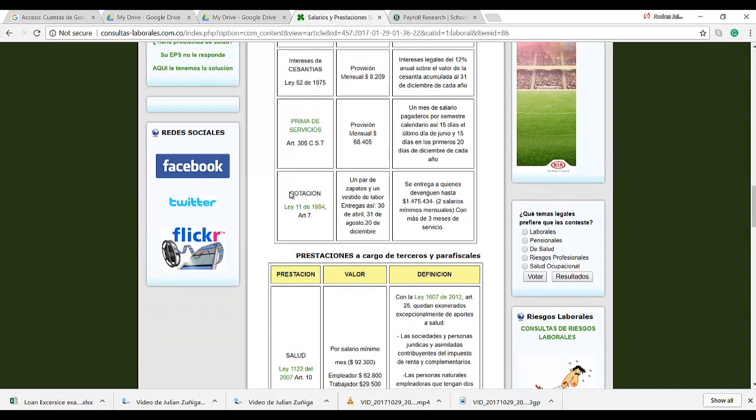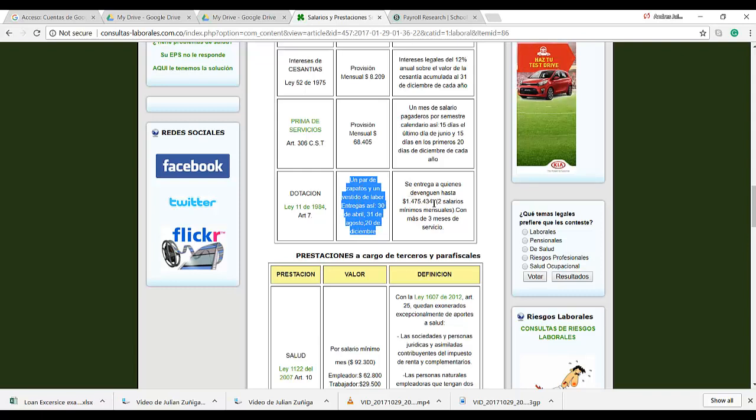This is also dotación. This is also the uniform or things that the employee needs to develop their work. Okay? And by law, you need to give them a pair of shoes and a uniform every 30th of April, 31st of August, and 20th of December. This is something that you need to give them 3 times a year. Okay?